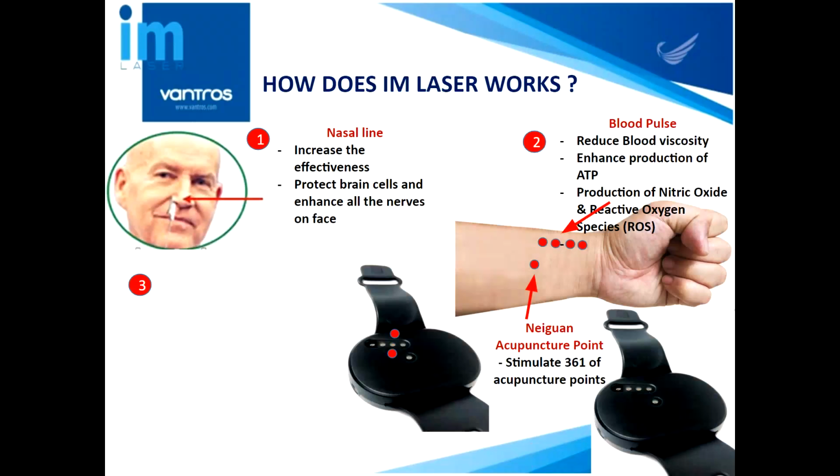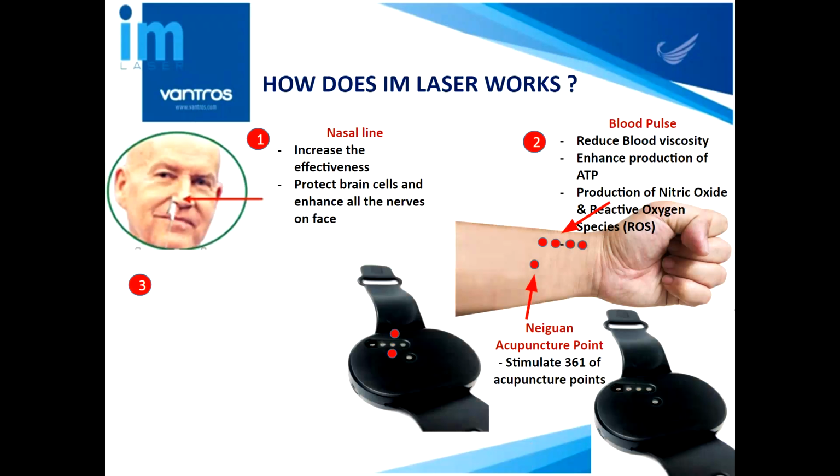And the other one, sorry, is the NAQUAN acupuncture point. The third light shines on your NAQUAN acupuncture point. By doing that, you will stimulate the 361 acupuncture points of your body. Imagine every day you are doing acupuncture when you are wearing the IM laser. That's why it also explains why it helps people with Parkinson's and stroke patients.